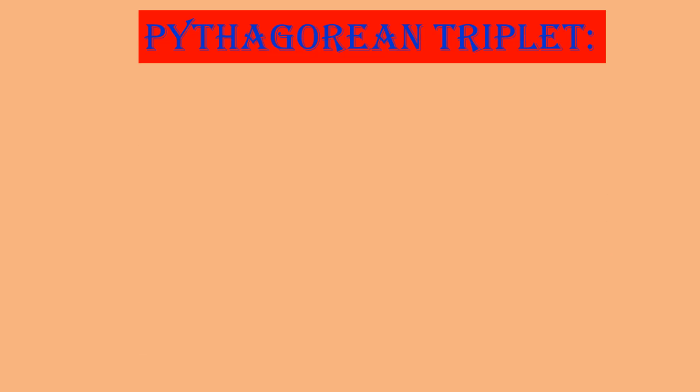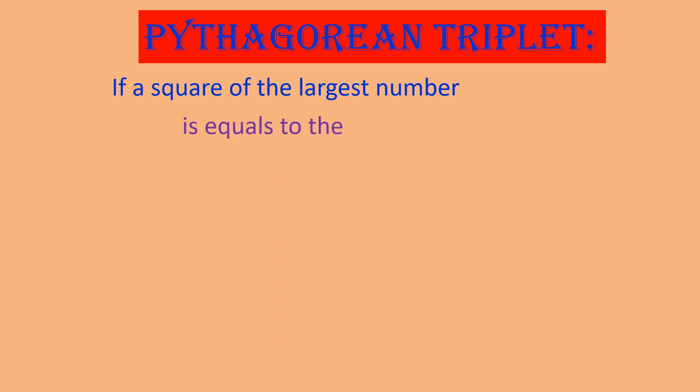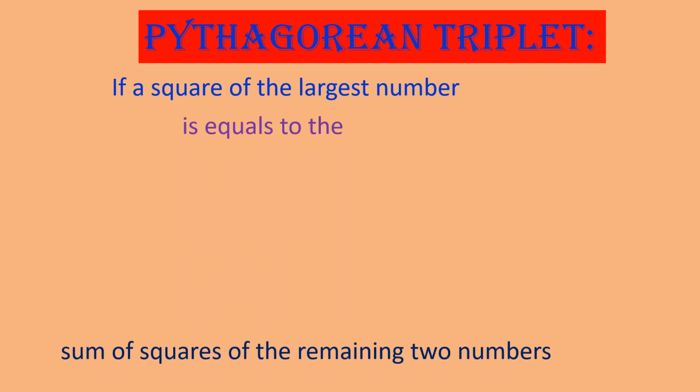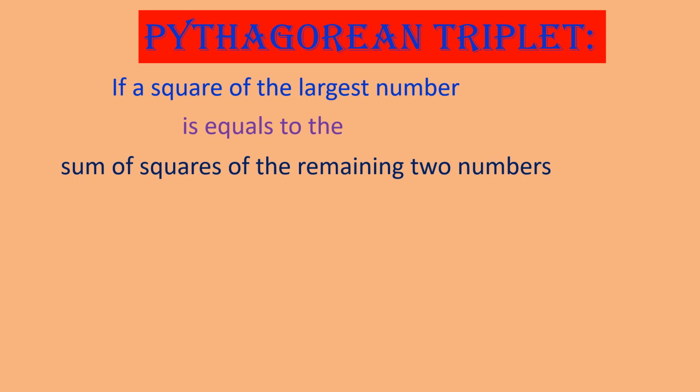Let's go for the Pythagorean triplet now. Here we have the square of the largest number. They give you three numbers. The square of the largest number equals the sum of the squares of the remaining two numbers.